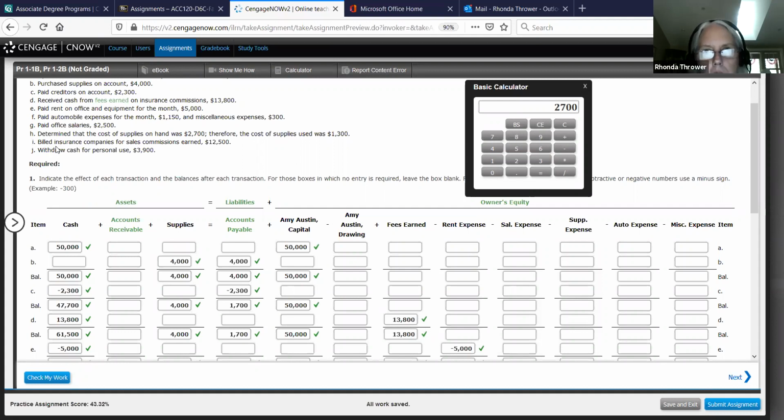If we're sending an invoice, they have not paid us cash at this time. They're going to pay us cash later on. So when you see the word billed, it signals that you're sending an invoice to our customers. That invoice is going to become a part of your accounts receivable.